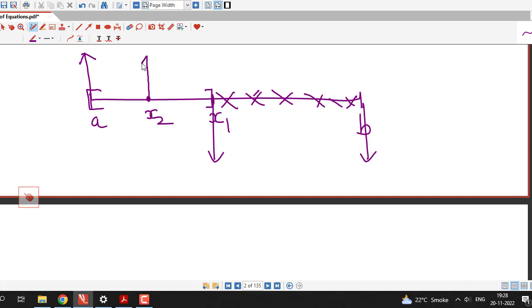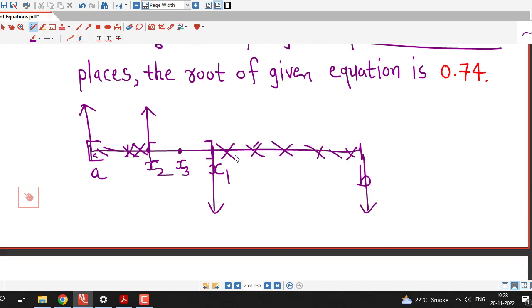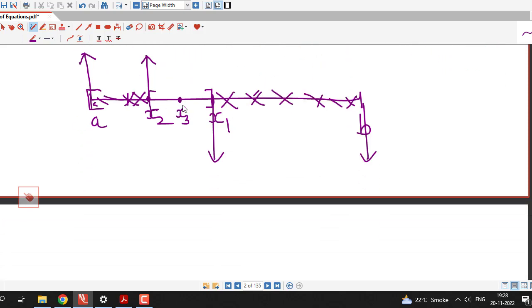Suppose value of function at x2 is positive, then root cannot lie in this part. So next search interval is x2 to x1, and we consider midpoint of that interval as x3, and we continue in this way. So this process is very slow, but we are sure that we will get our answer which is convergent to the exact solution.